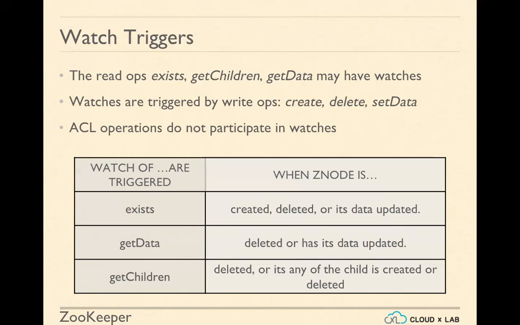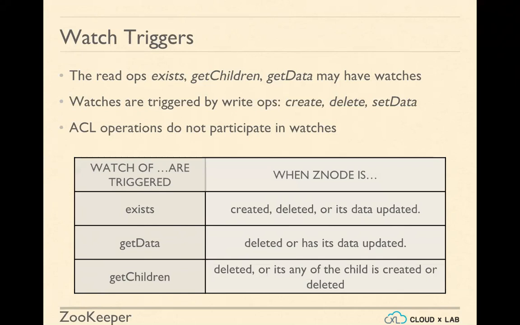For getData, when you call the function, it returns the data. It also hooks the watch you have provided as the second argument, and if the Z node is deleted or the data is changed, the watch will be called.